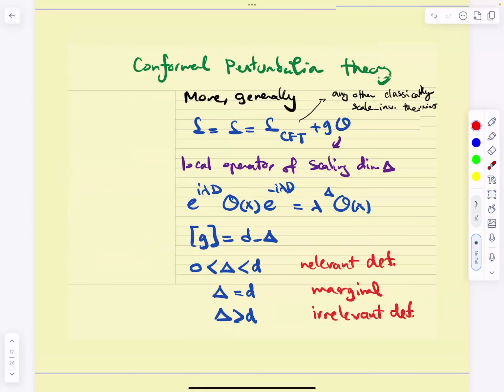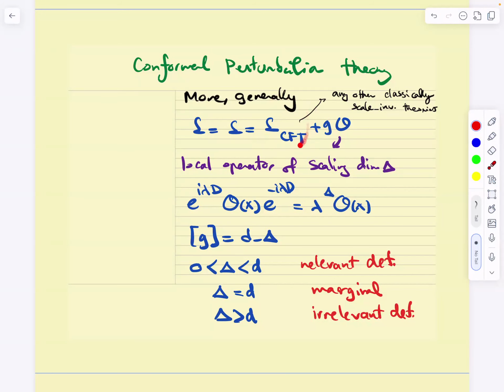Now, the modern perspective is the following. If we have a way of systematically studying scale invariant theories which are not free massless field theories, theories that are conformally invariant, then any such theory could be taken as the starting point of a perturbation theory.